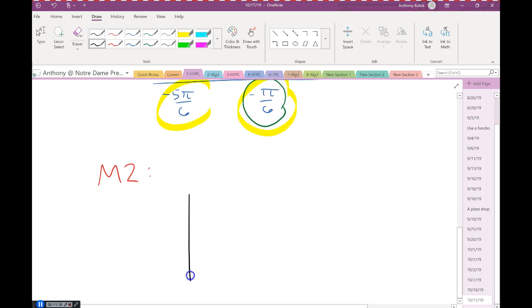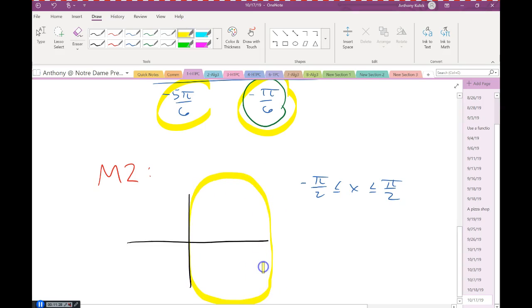For sine inverse, we know that our values for x have to lie in between these two values. So we're restricted to the first and fourth quadrants. Okay there?